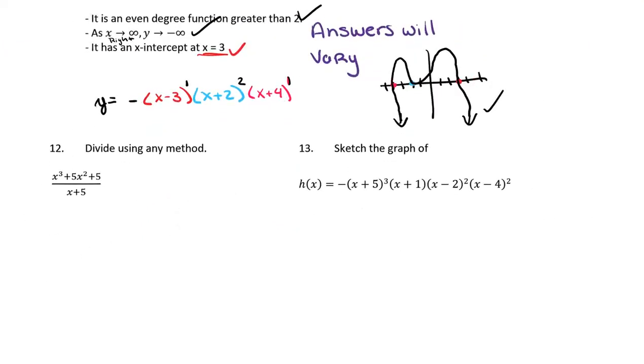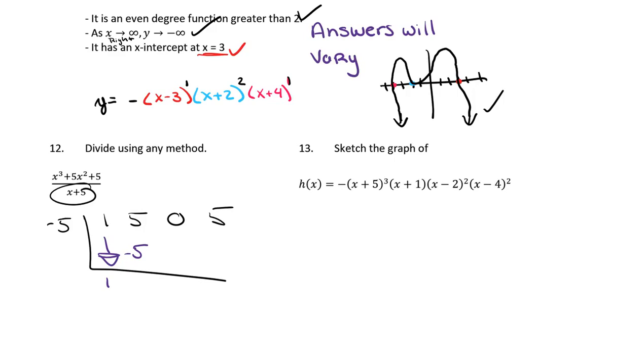Divide using any method. I'm going to do synthetic. So solve for this. 1. 5. No x. 0. 5. I believe this is a problem we did when we first started doing synthetic division. So drop it like it's hot. 1. Multiply. Add. Multiply. Add.